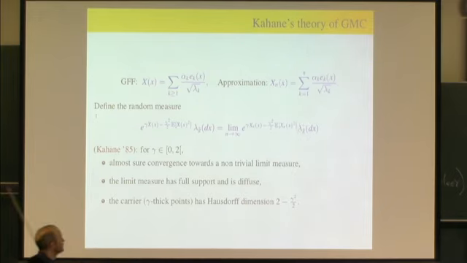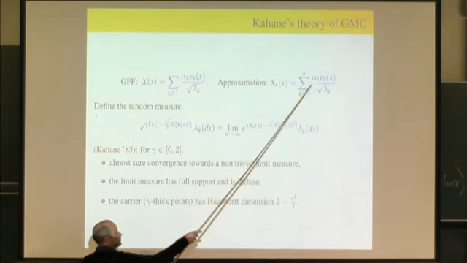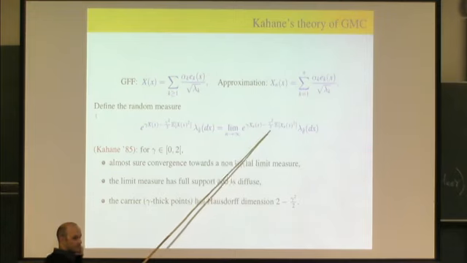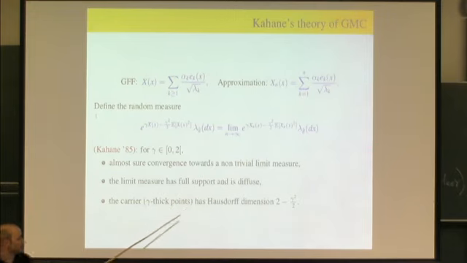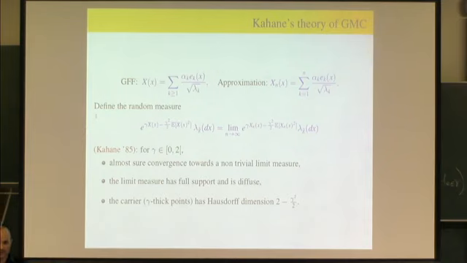If you renormalize by the mean, as you have a sum of independent random variables, you get a nice martingale. It is obviously positive, so it converges almost surely, and you get a limit. The thing is that you don't know if this limiting measure is trivial or not.